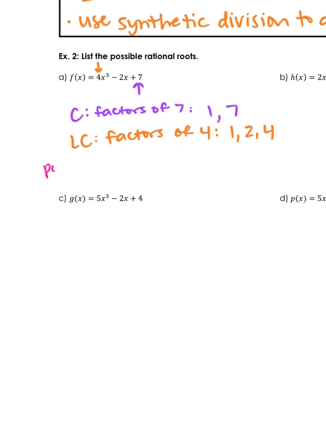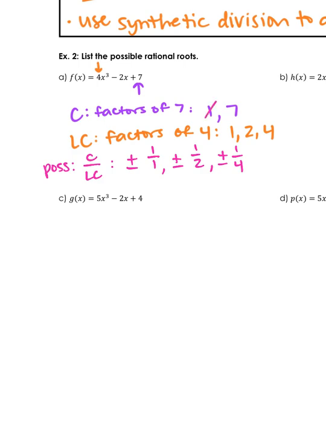So for my possible zeros, remember this is going to be C over LC. So I always start off with my first constant term and divide it by each of my leading coefficient terms. So I'm going to start off with plus or minus 1 over 1, plus or minus 1 over 2, plus or minus 1 over 4.